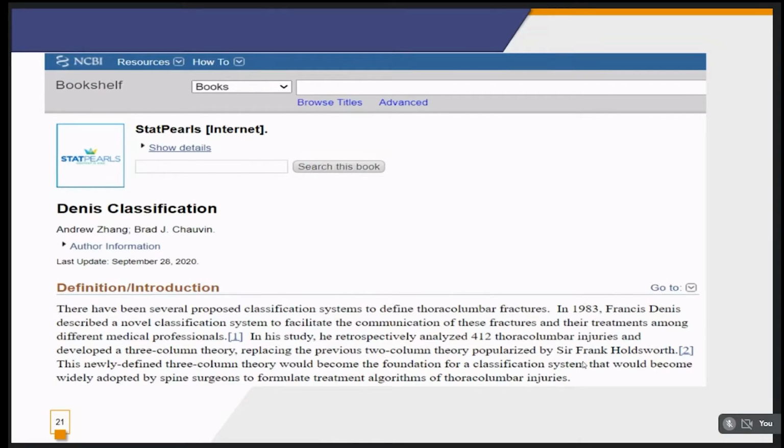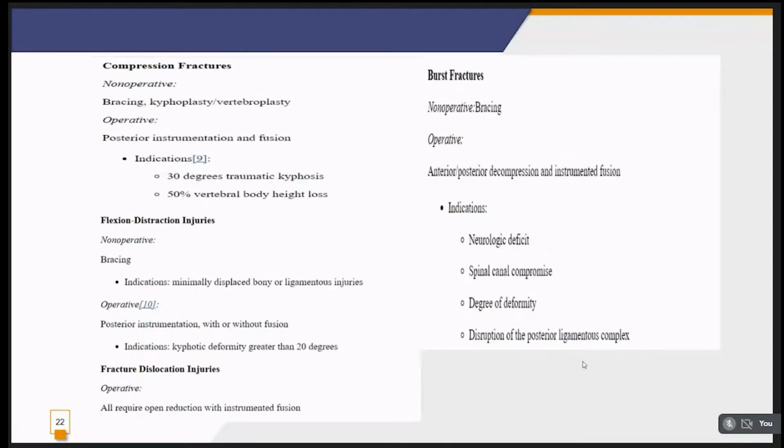Yeah, and we studied the technical classification on the NCBI, and it has some indications of operation in spinal trauma according to the Dennis classification. In the Dennis classification we have four kinds of fracture.